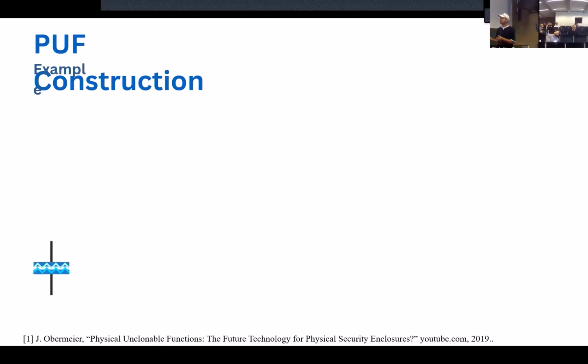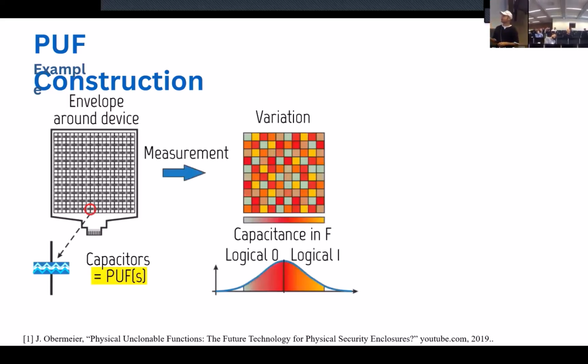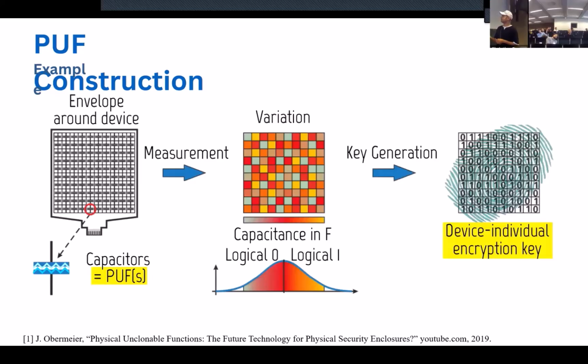What we do in the PUF construction is we align all of these capacitors and profile their variations. Now using some sort of encoder, we generate a secret key from the profile of the device based on the variation. So we generate a secret key from the variations that we got in the manufacturing process.